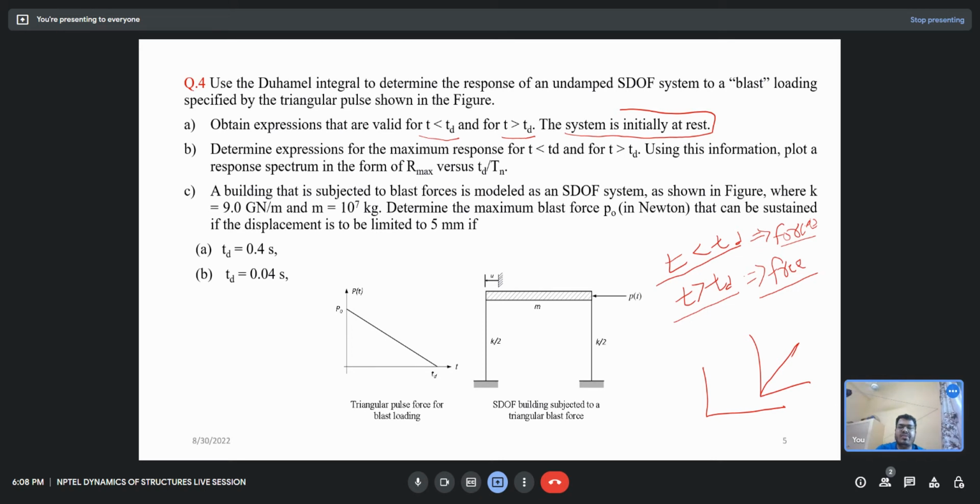In part B, we have to find the maximum response. And in part C, we have to use the maximum response from part B and find the maximum blast force, P naught, that is suited if the displacement is limited to 5 m. Okay, so now let us go one by one.